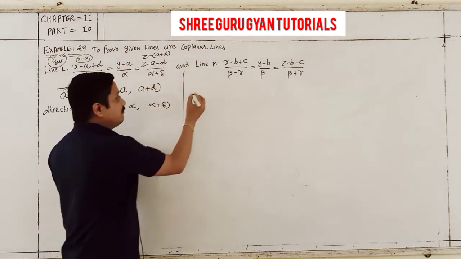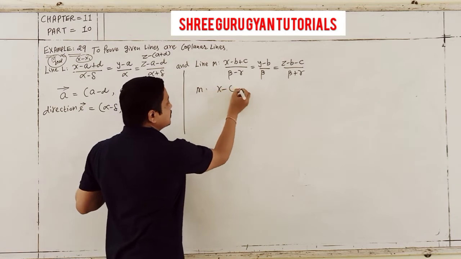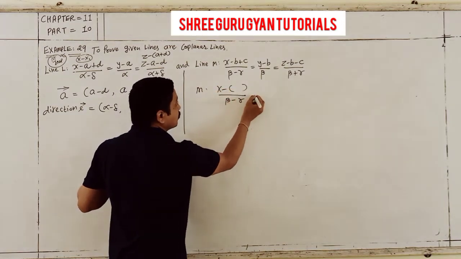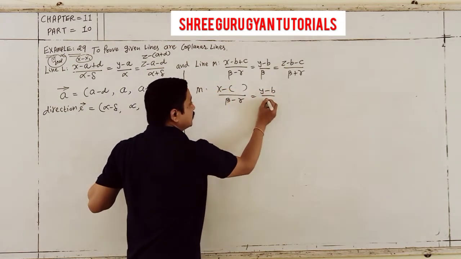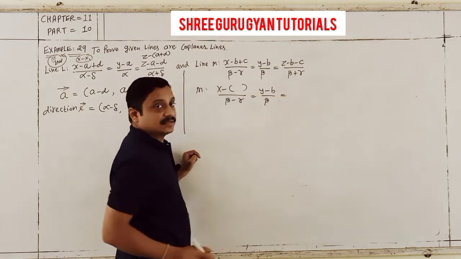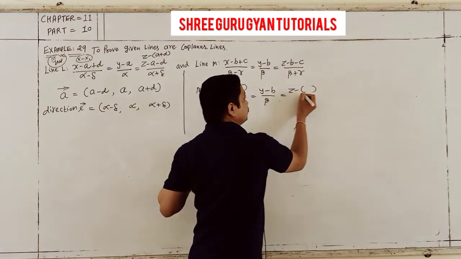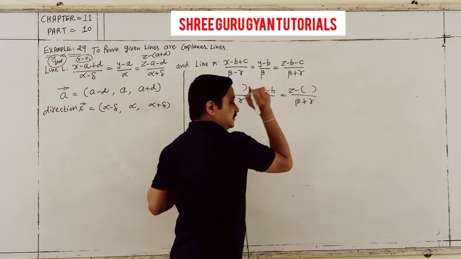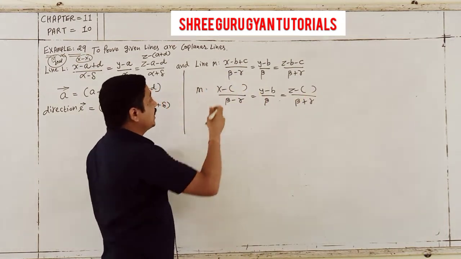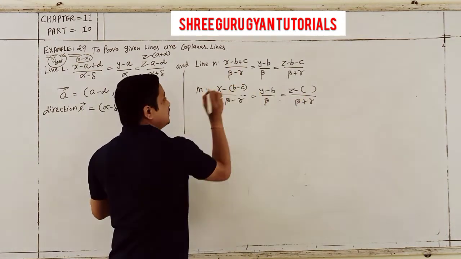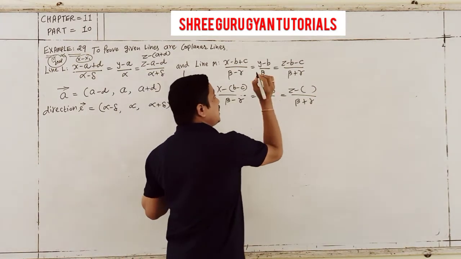Similarly students, here I will write down for M: x minus x1, y minus y1 and z minus z1, with directions beta minus gamma, beta, beta plus gamma. Very easy. Your x minus x1 is here B minus C, the same as here, B as it is.